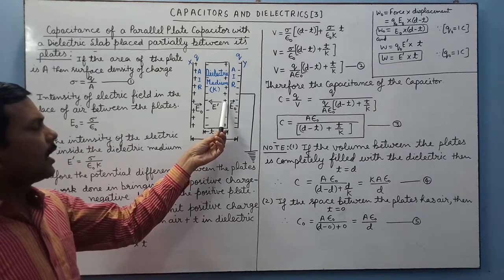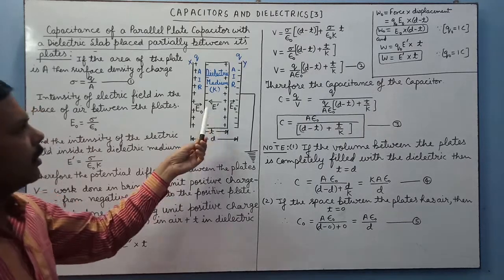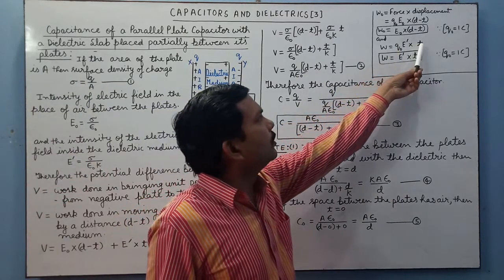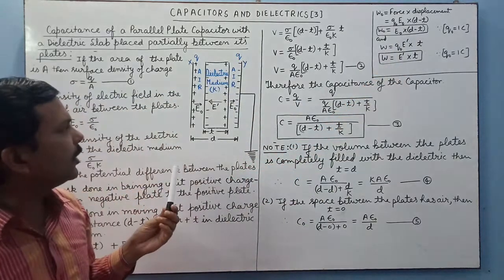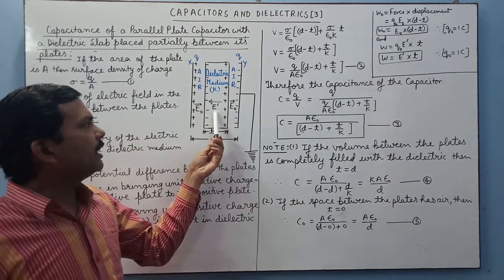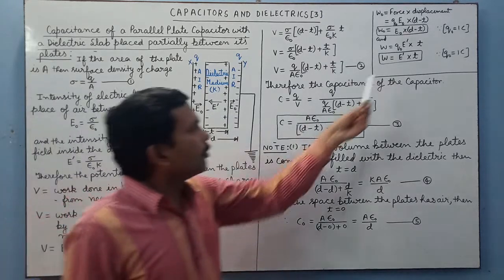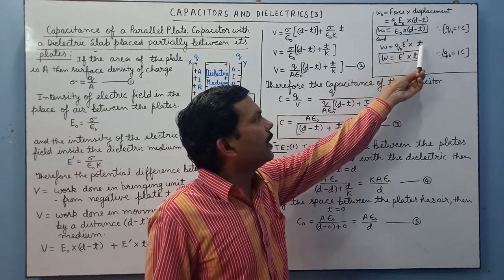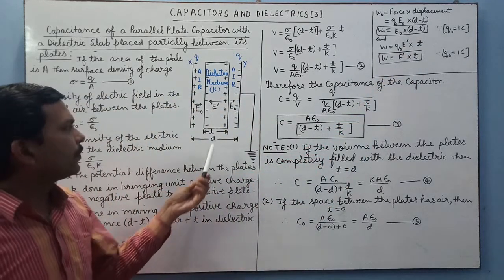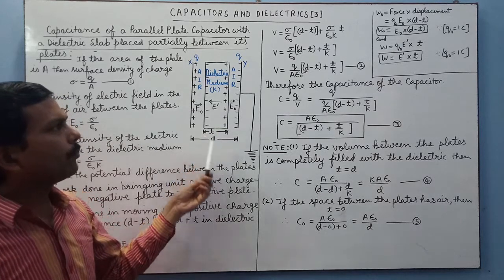Now the work done in moving this charge inside the dielectric medium is force into displacement. Here also the force is Q0 into E dash, because the electric field inside this dielectric medium is E dash. So the force will be Q0 into E dash, and t is the displacement of the charge inside this dielectric medium.